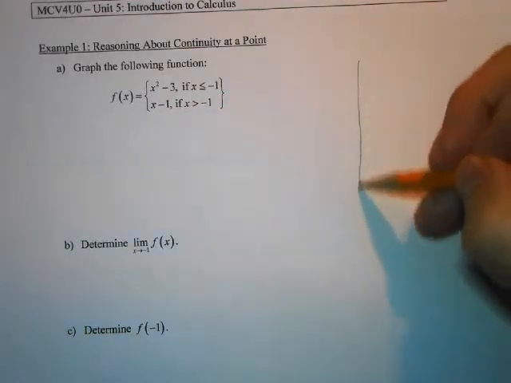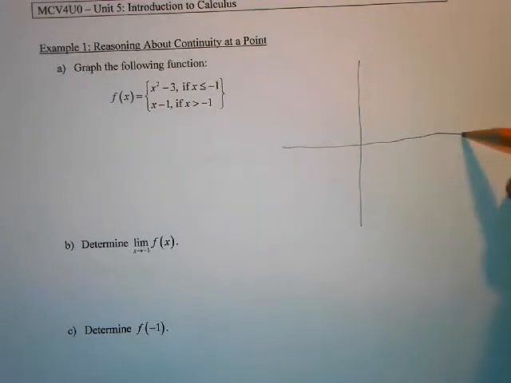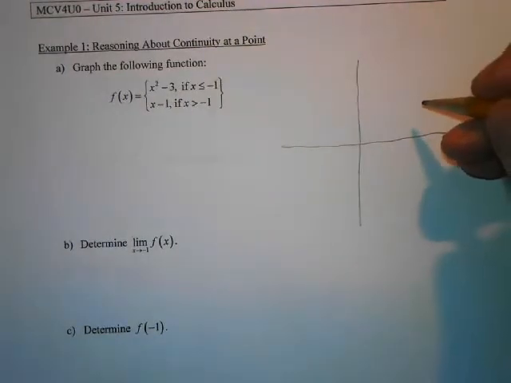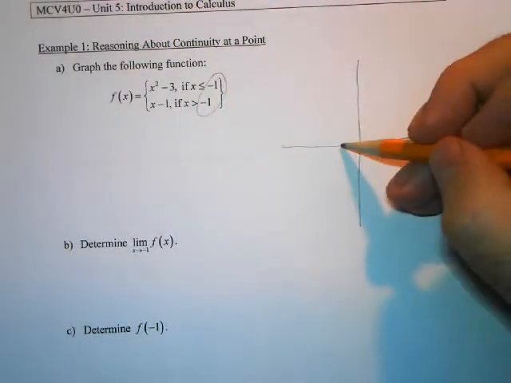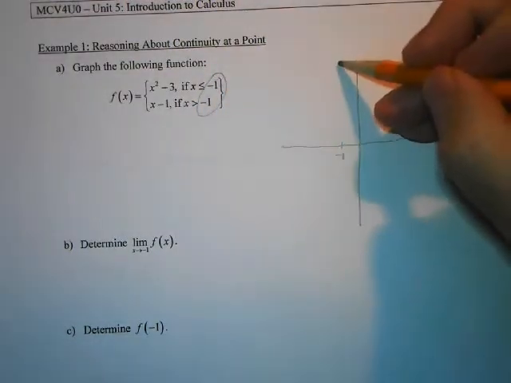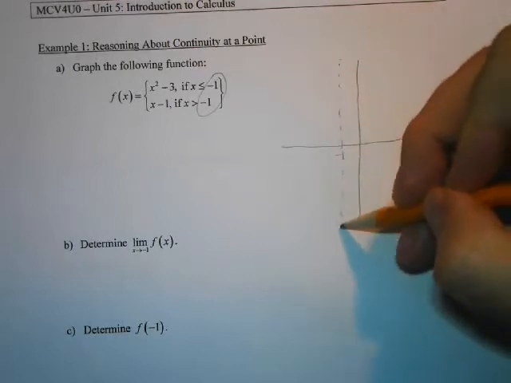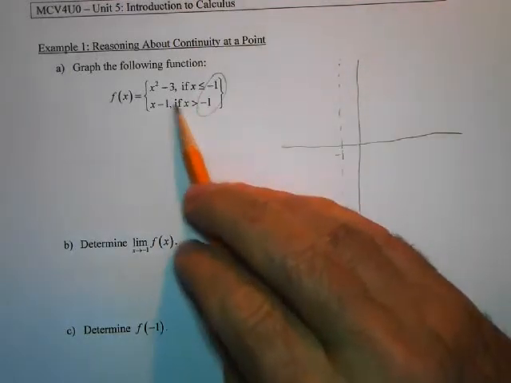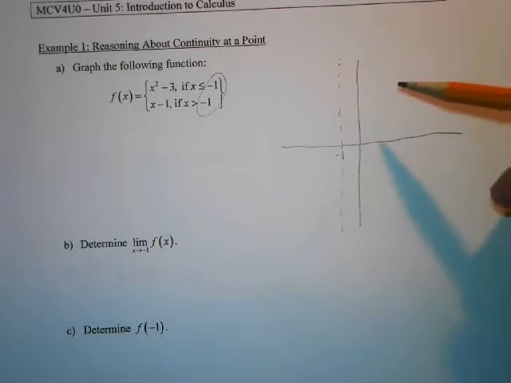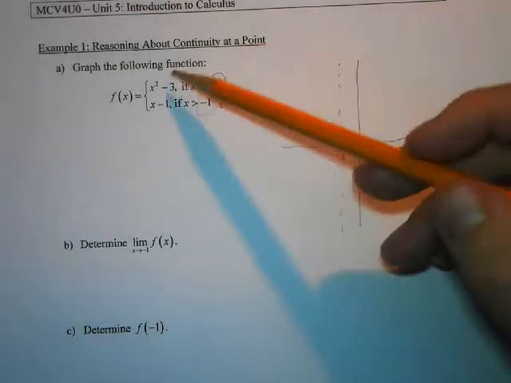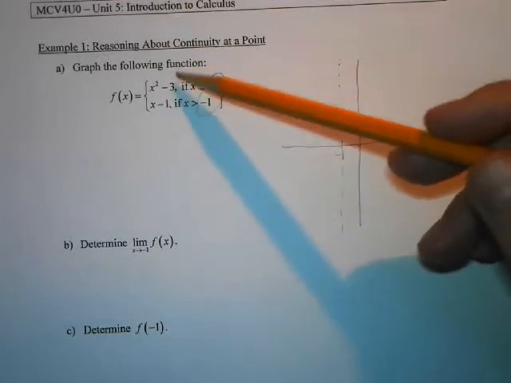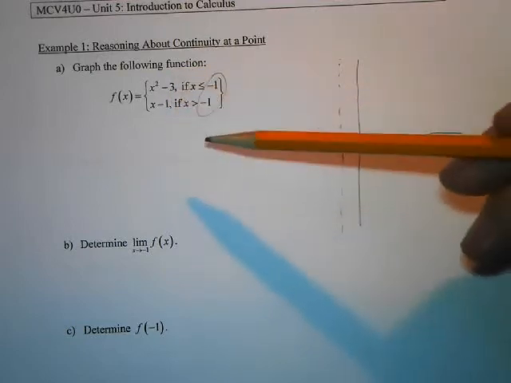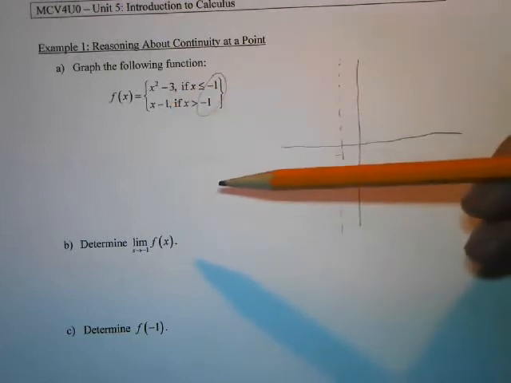These piecewise functions are always good if you do a rough sketch. The key thing here is at x equals -1, that's where strange things can happen. That's where the function breaks apart. We want to see if it's continuous or not, because just because it's piecewise doesn't mean it's not continuous. It could very well be, but we have to check it.